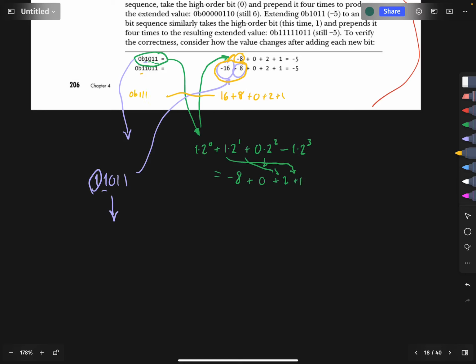But I guess I need to give myself a little space because I'm not only going to take that 16 and now turn it positive because that 1 is no longer the leftmost bit, so it's no longer negative, it's now positive. But now I have an extra bit further to the left, so that's going to correspond to a 32, right? Twice as big, but negative.